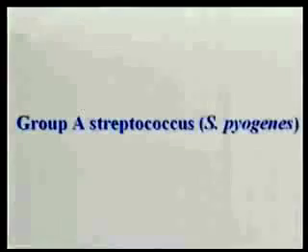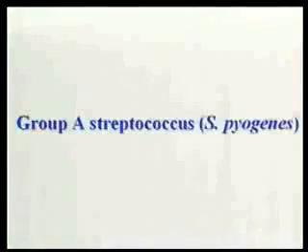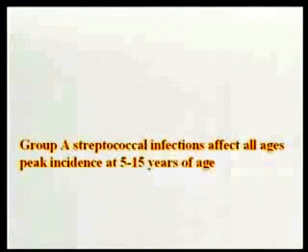All right, let's deal first with the group A streptococcus. We'll give an example when we get there. What we say about the group A streptococcus is this: infections affect all ages, with a peak incidence at 5 to 15 years of age, which is why it's very common for parents to take their kids to the doctor to be treated with this.